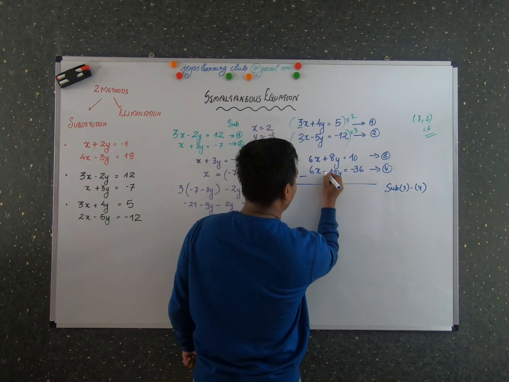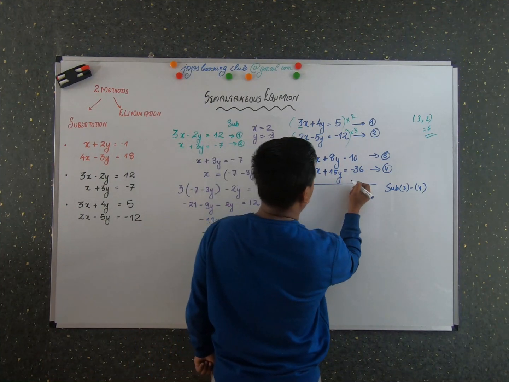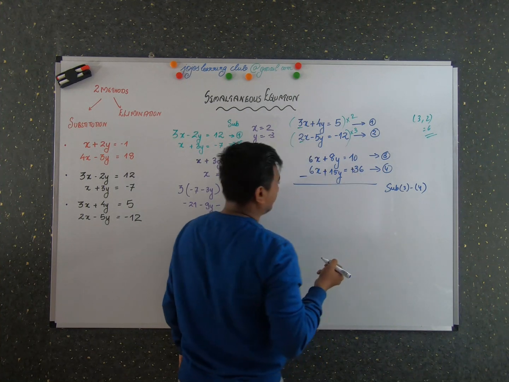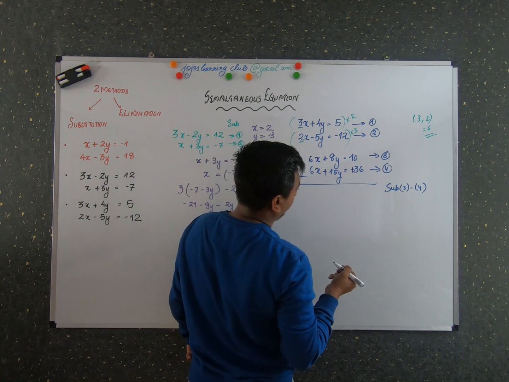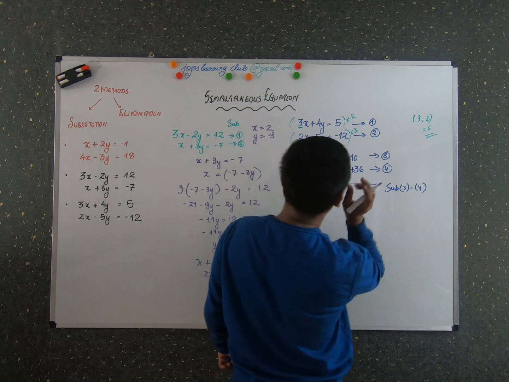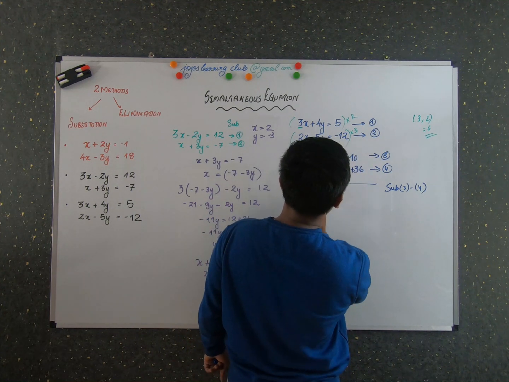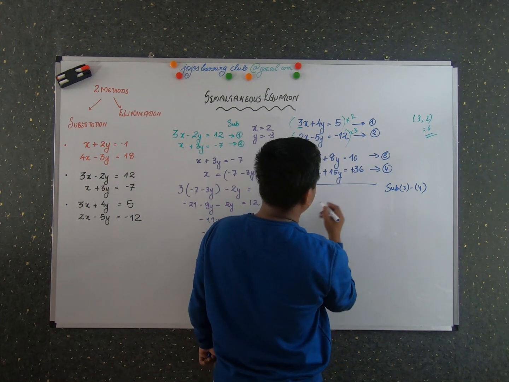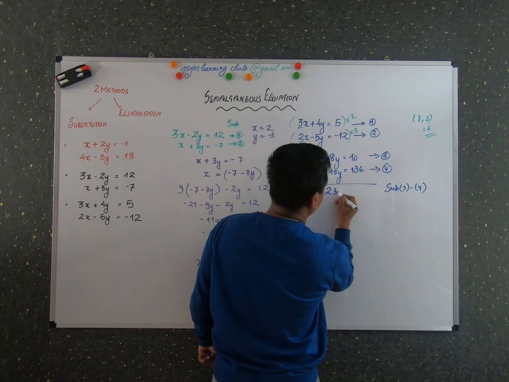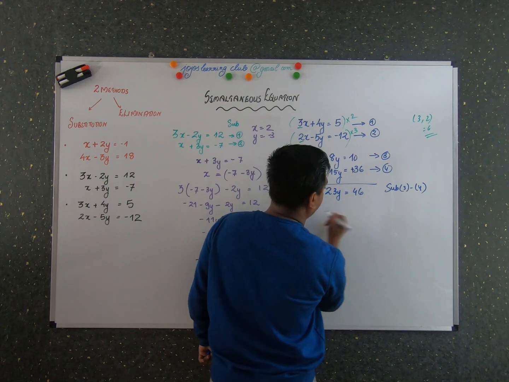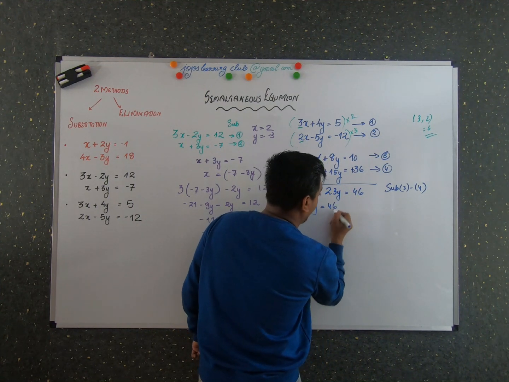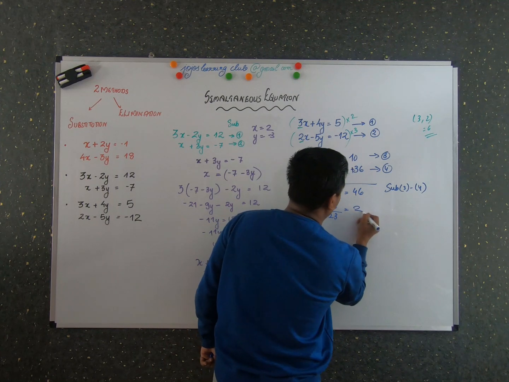So minus, and this becomes a plus, and here minus minus again becomes a plus. So 6x minus 6x cancels, and what happens here? 23y is equal to 46, and from this y is equal to 46 by 23, which is equal to 2.